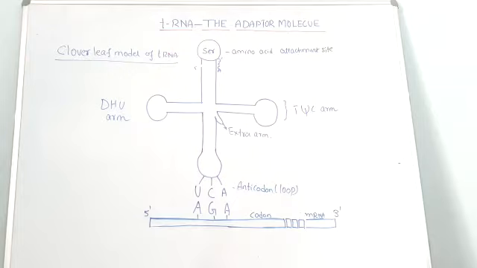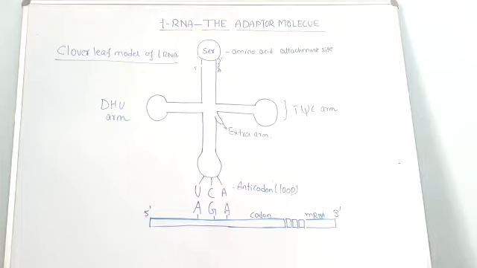At the cellular level, tRNA makes about 10 to 20% of the total cellular RNA, and it is the lowest among all the RNAs.